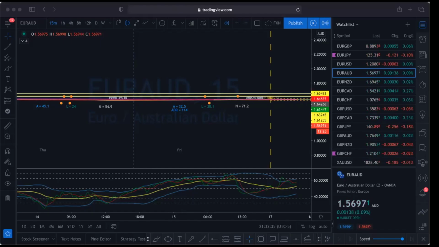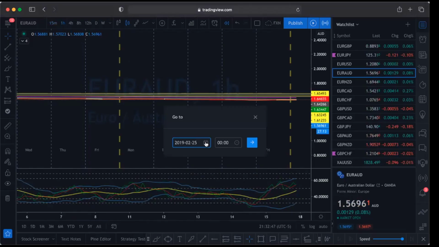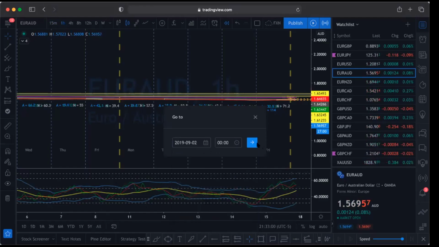The Euro AUD pair. So let's do it on Euro AUD, and we'll do 1 week on here. Go to here. We'll stick to before the pandemic stuff.